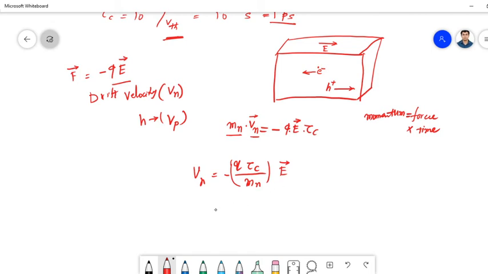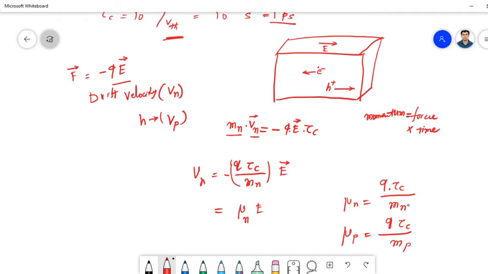So this constant we call mobility, the mobility of electron, mu n, into E. So mu n equals q into tau c over Mn. Similarly, mu p equals q into tau c over Mp.